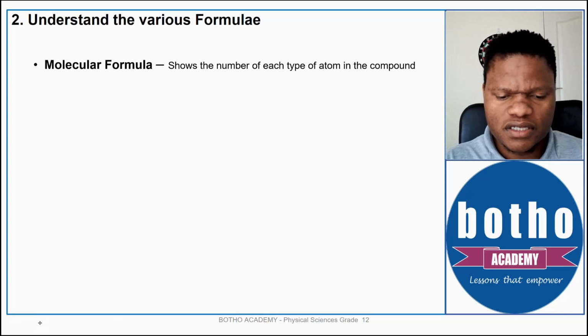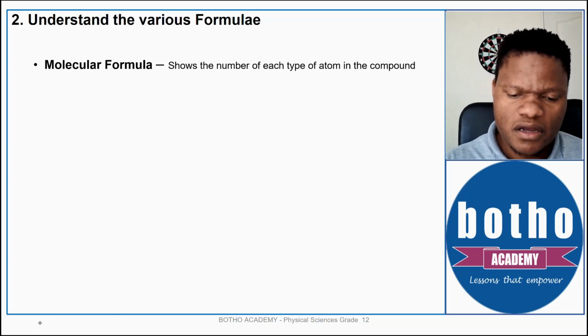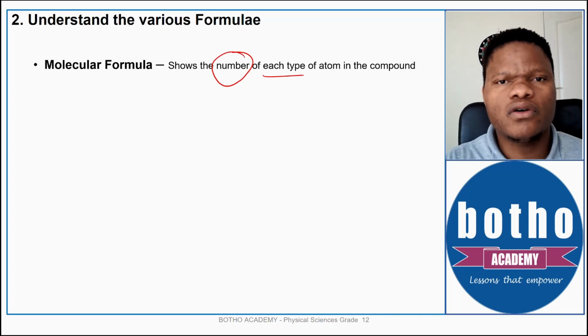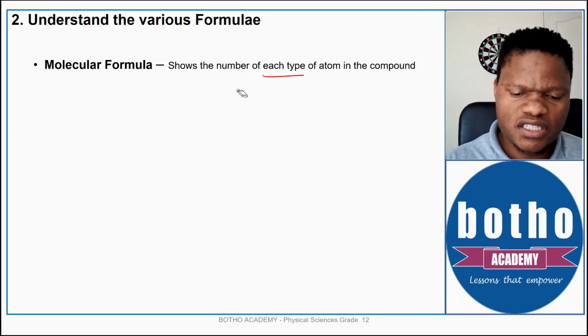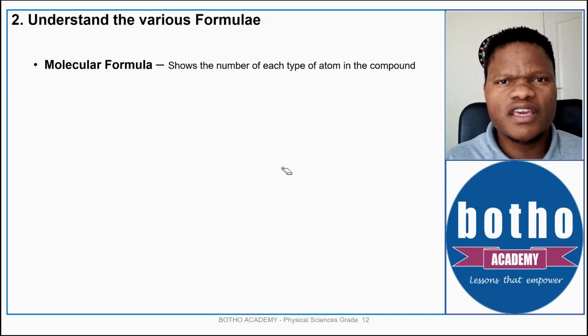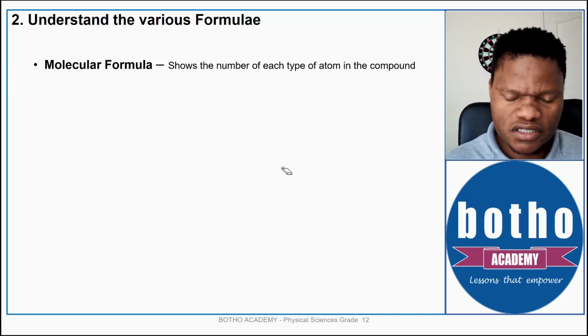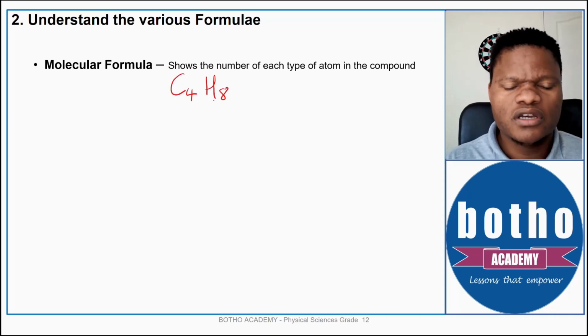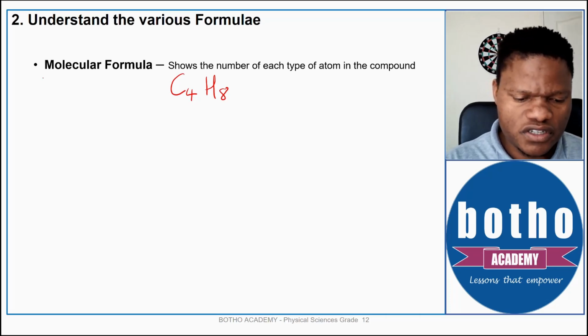This one is a formula that shows the number of each type of atom in the compound. So basically it just tells you here there are 4 carbons and 8 hydrogens, for instance. Let's make that our example. Okay, so let's say this would be C4H8. As you can see, this is referred to as the molecular formula.